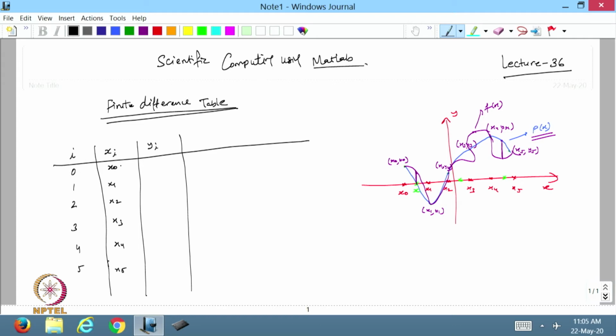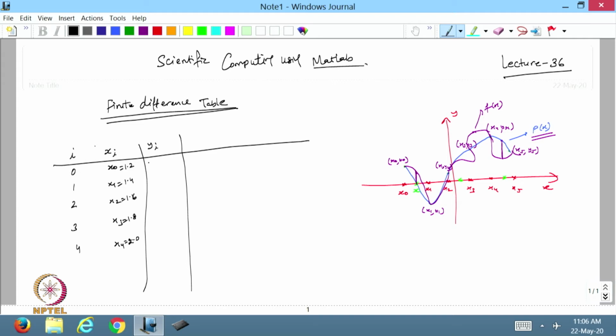For the time being, I take x0 equal to 1.2, 1.4, maybe 1.6, 1.8, and 2.2. Because I am dealing with 6 values, this table will be very large, so I will just remove one value. The larger the number of values, the bigger this table will be. So I will take only 5 values.